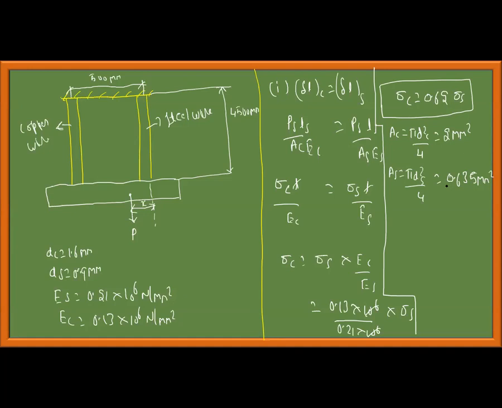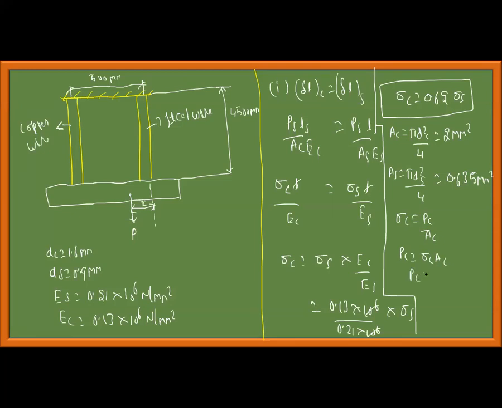Okay. Next, I can express sigma C is equal to PC by AC, or PC is equal to sigma C into AC.